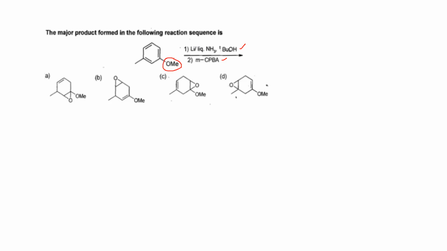electron donating group. We have discussed in the last class, if there is an electron donating group how the reduction will happen, and if there is an electron withdrawing group how the reduction will take place. So if there is an electron donating group like OH or something, after reduction the double bond will be in a conjugated way.